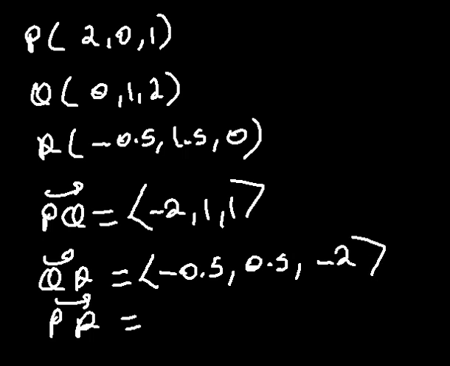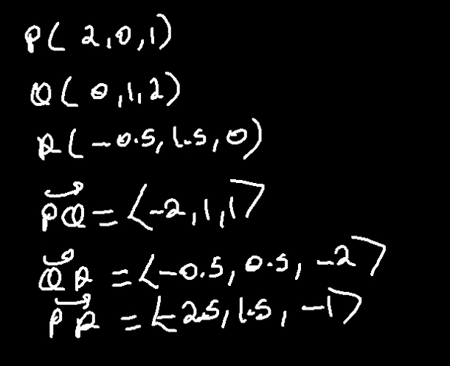And how about the vector PR? We'll have it as -2.5, 1.5, and -1 here. So those are the column vectors you should understand, and I guess you know how to calculate these column vectors.